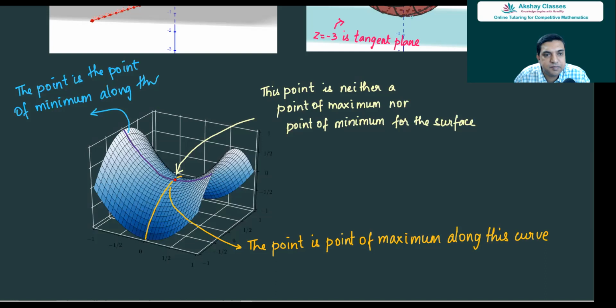So from the point of view of the surface, it is neither a point of minimum nor a point of maximum. At such a point, the derivative will be 0. We will see that both the derivative with respect to x and the derivative with respect to y will be 0. Such a point is called a saddle point.